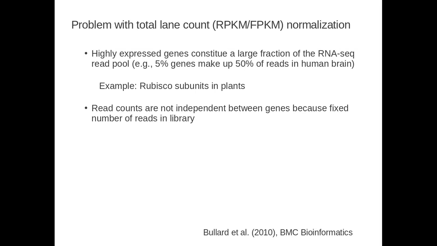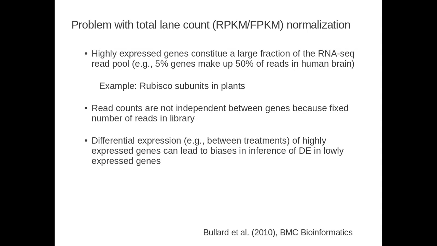If we have a fixed number of reads and some huge fraction of those reads are going into sequencing Rubisco, and some lower expressed gene gets proportionally fewer reads, then the two are not independent, because if the read count for Rubisco goes up, then the read count for the gene of interest, perhaps with lower expression, goes down. So there are just fewer reads available.